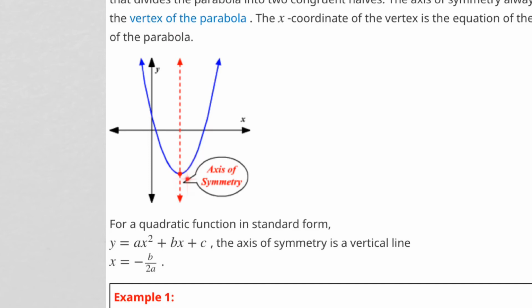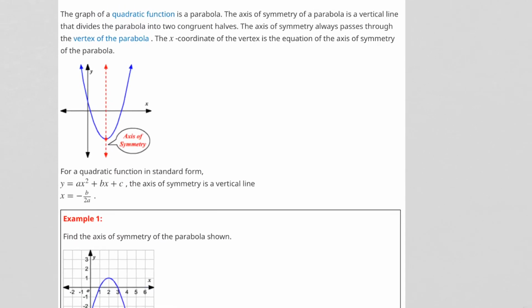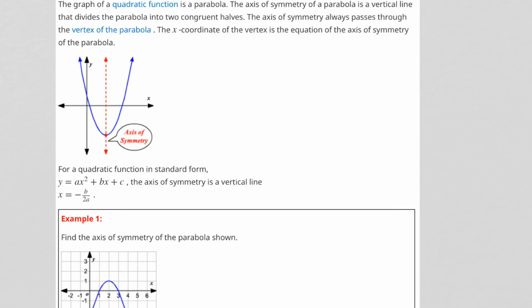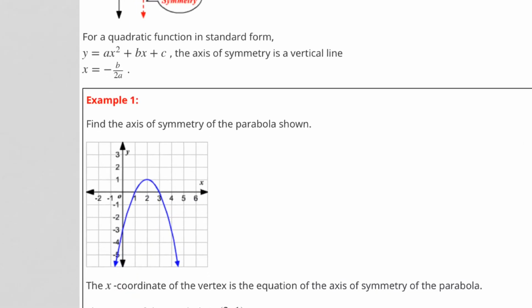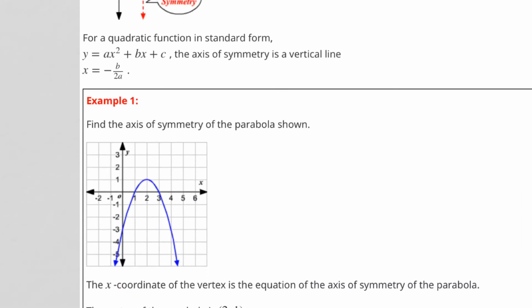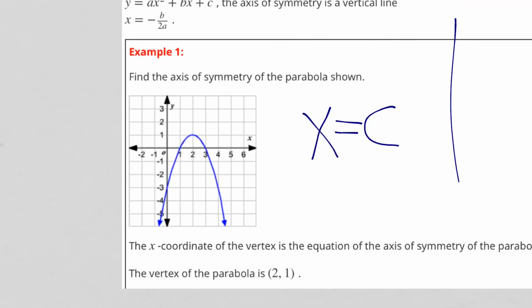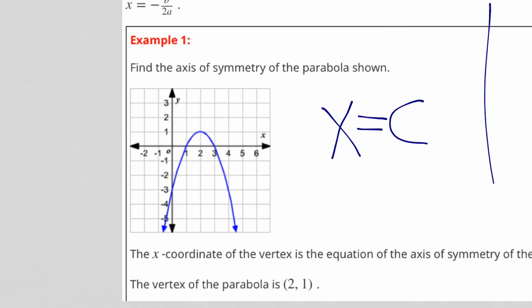But then you have your axis of symmetry that goes through that point. The x-coordinate of the vertex is the equation of the axis of symmetry of the parabola. So just the x-coordinate. And we know that if I have x equals some constant, it's going to be a vertical line.